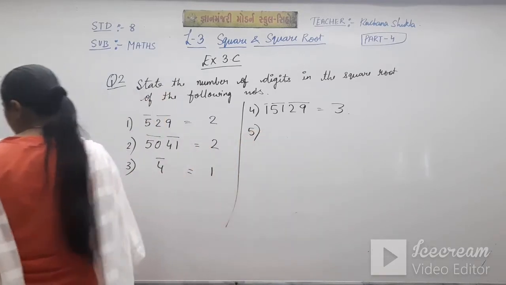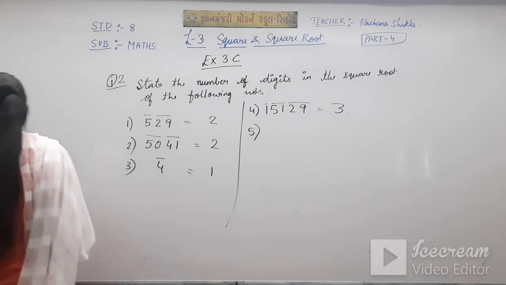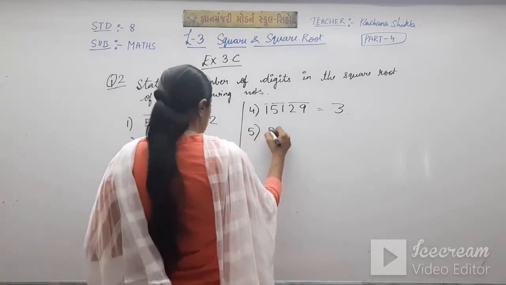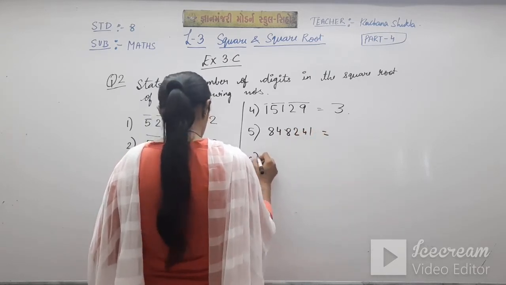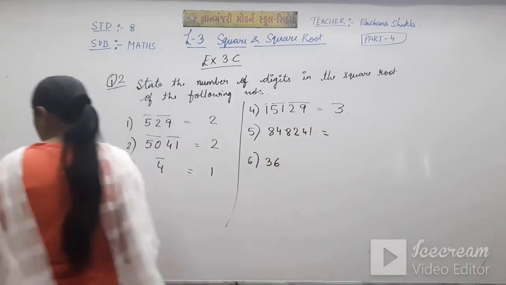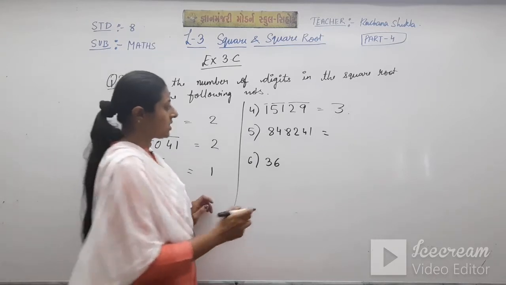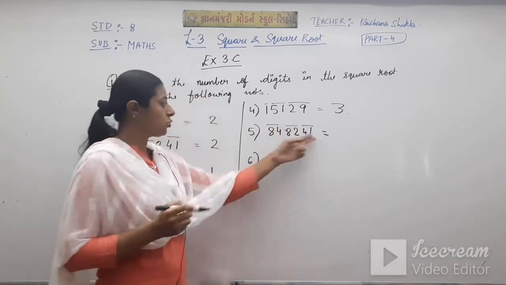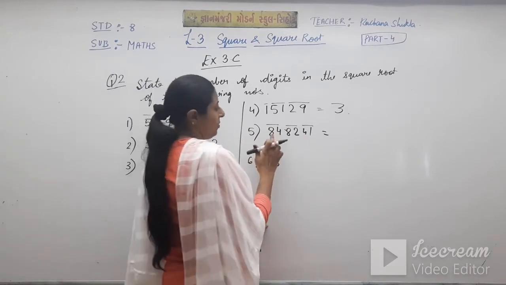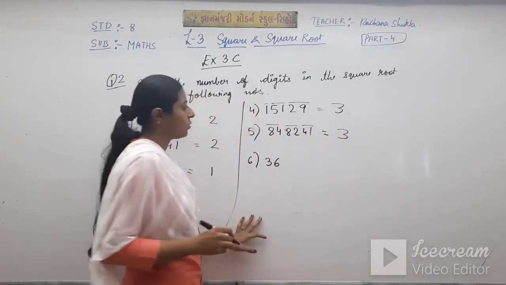Then next, question number 5, 848241 and 36. Now let's solve these two sums. Here 1 and 1, 2 pairs. So total how many pairs? 3 pairs. So your answer will be 3.